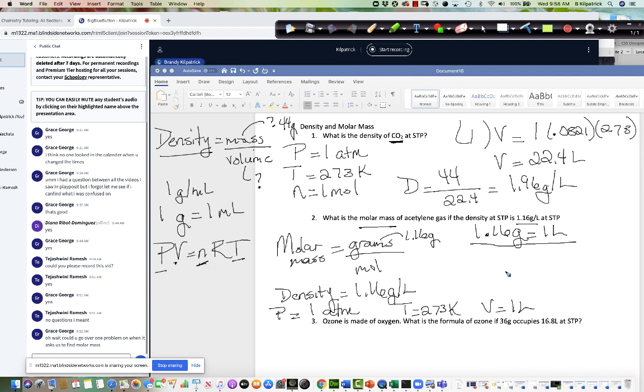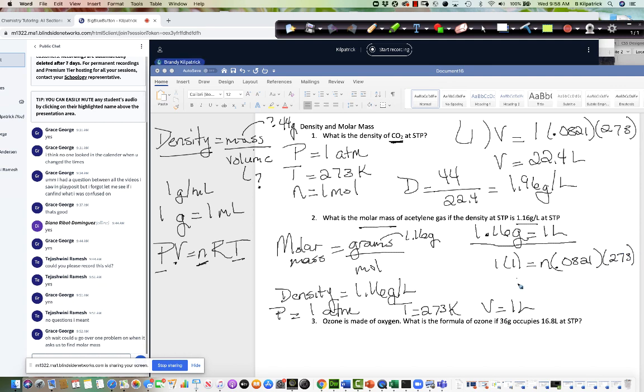So I'm going to use the ideal gas law. So pressure is 1. My volume is also 1. And my number of moles, I'm looking for that. This is going to be 0.0821. And my temperature is going to be 273 Kelvin.